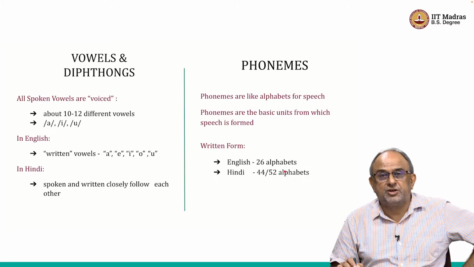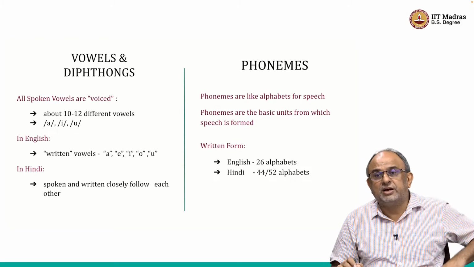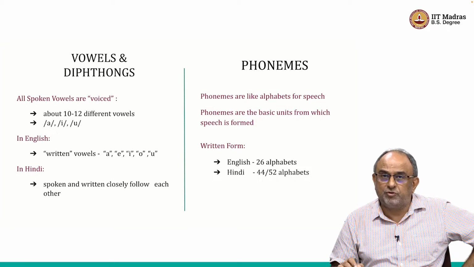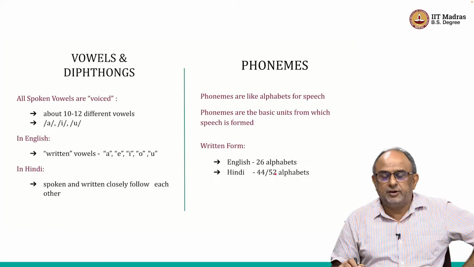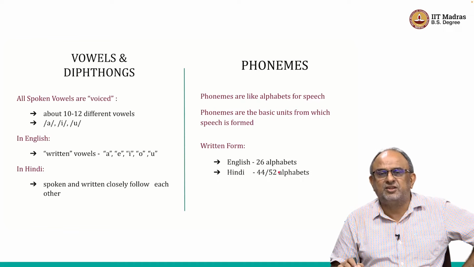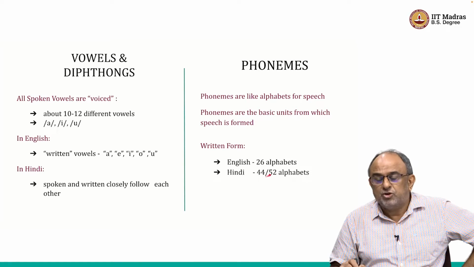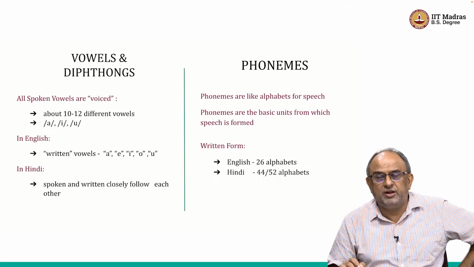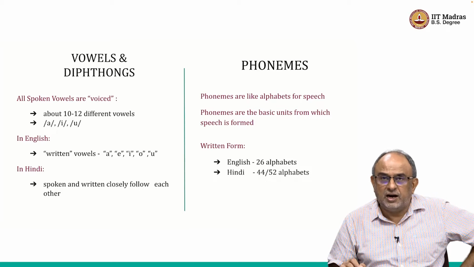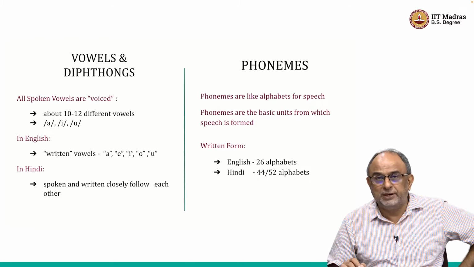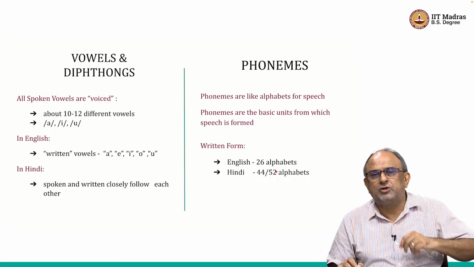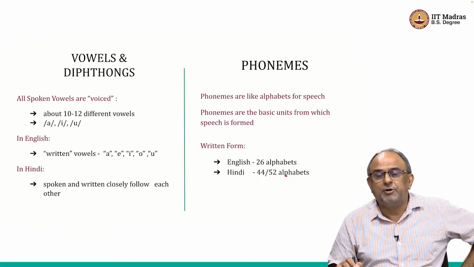In Hindi, there is a very high correspondence between what we say and what we write. Typically 44 is what most phoneticians will say are the basic building blocks of spoken Hindi. If you are willing to add ksha, tra, gya and all that, then that will become 52.